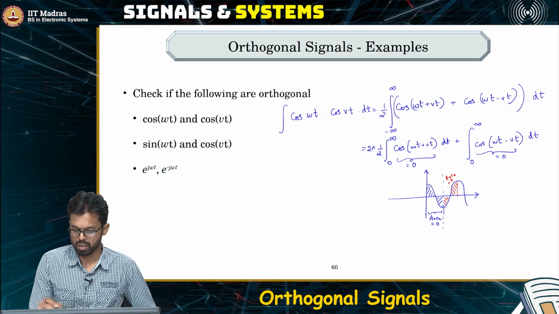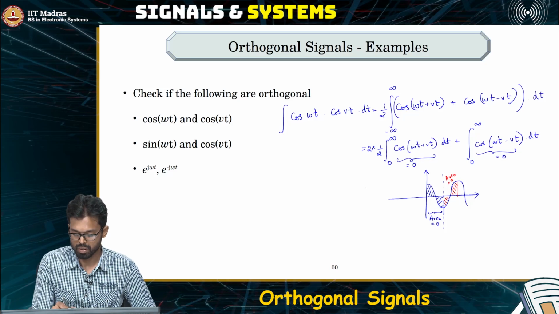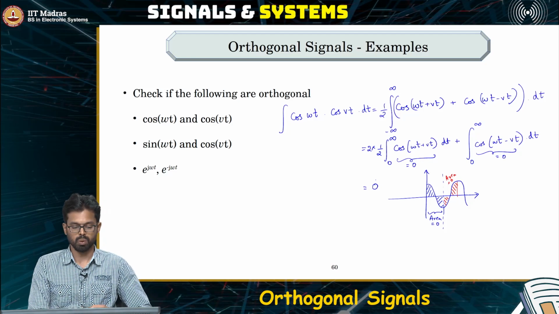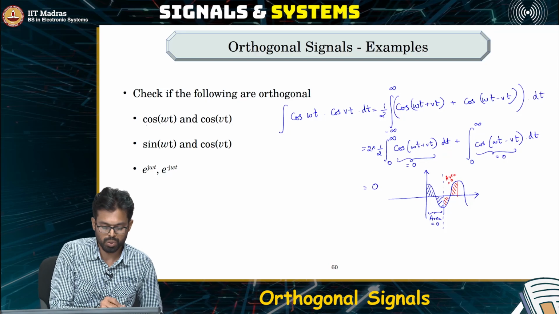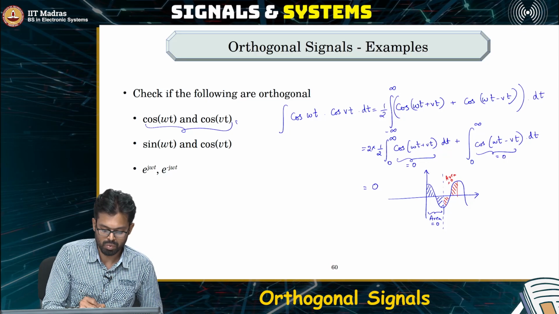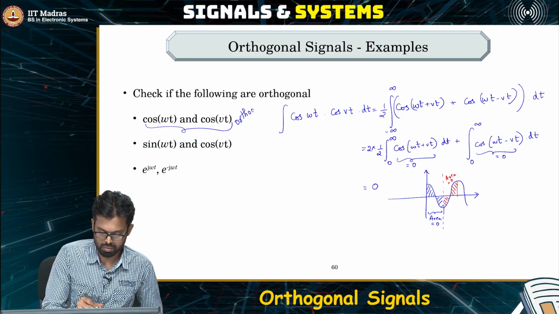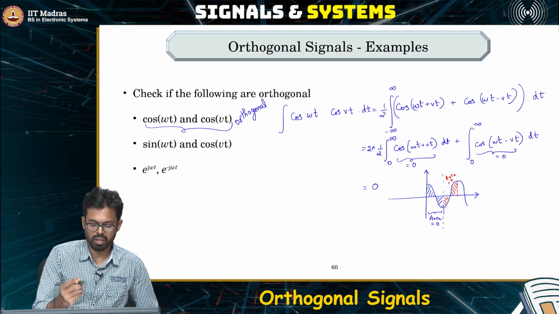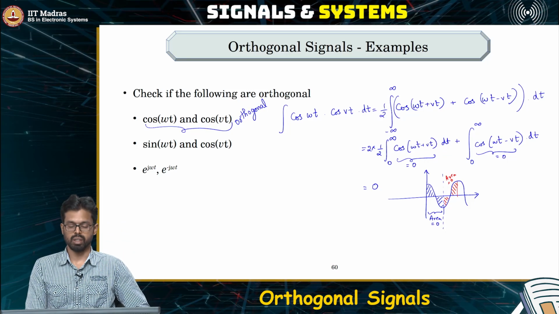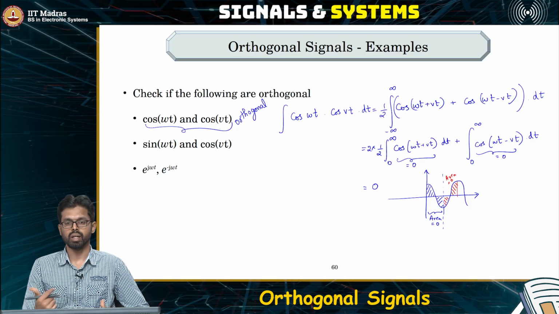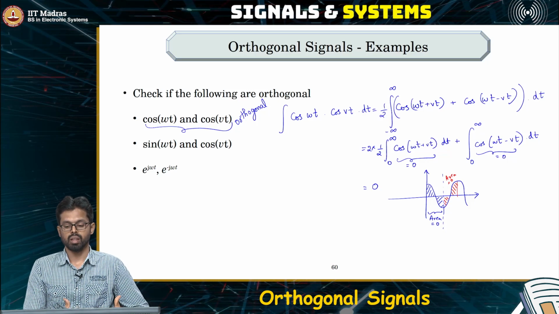So the total area under this curve is 0, which makes these two signals orthogonal. So given any two sinusoid, any two cosine functions of frequencies omega and v, they are orthogonal.